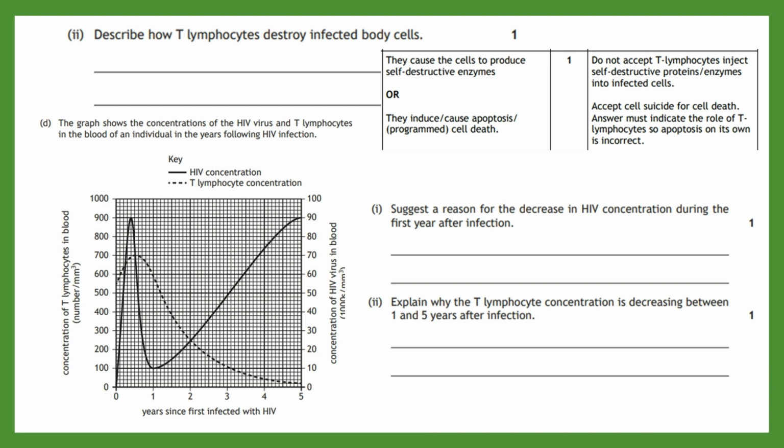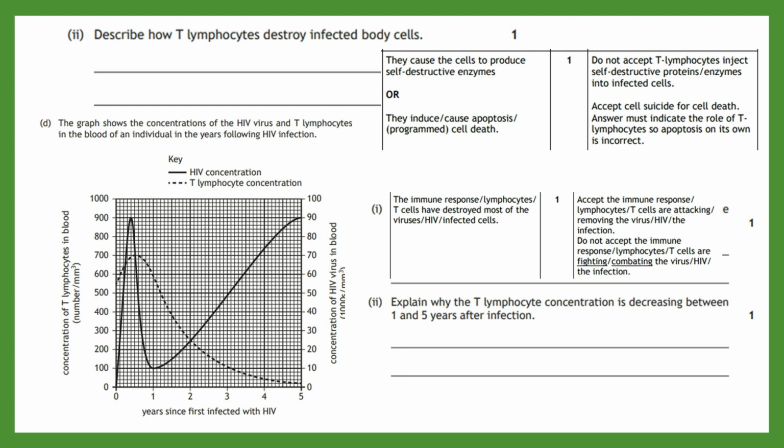The second question relates to the graph, which shows the concentration of the HIV virus in T lymphocytes in the blood of an individual in the years following a HIV infection. So, part 1, you were asked to suggest a reason for the decrease in HIV concentration during the first year after infection.